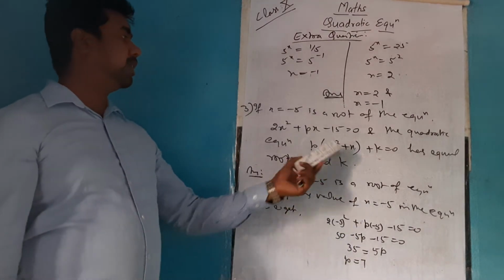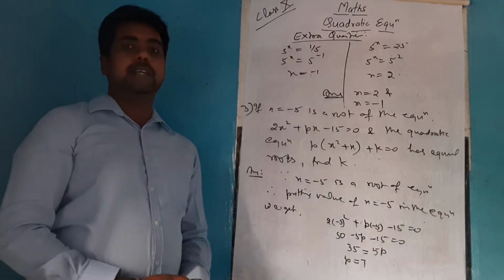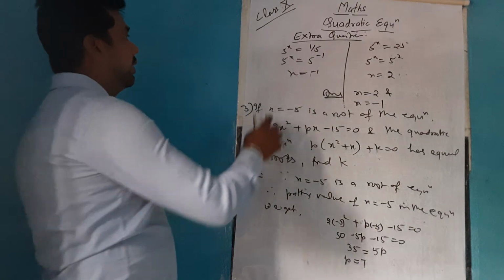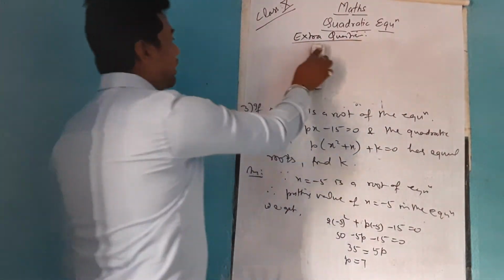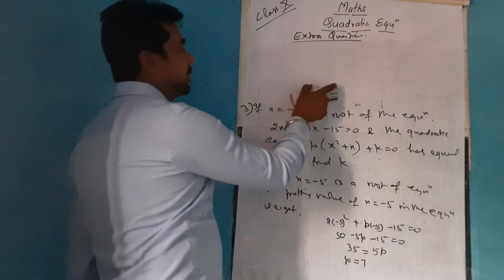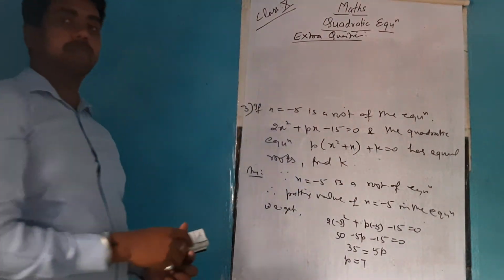So this value of p we will put in the next quadratic equation. Whatever extra questions I am giving you, do try to copy the same question in your classwork copy.